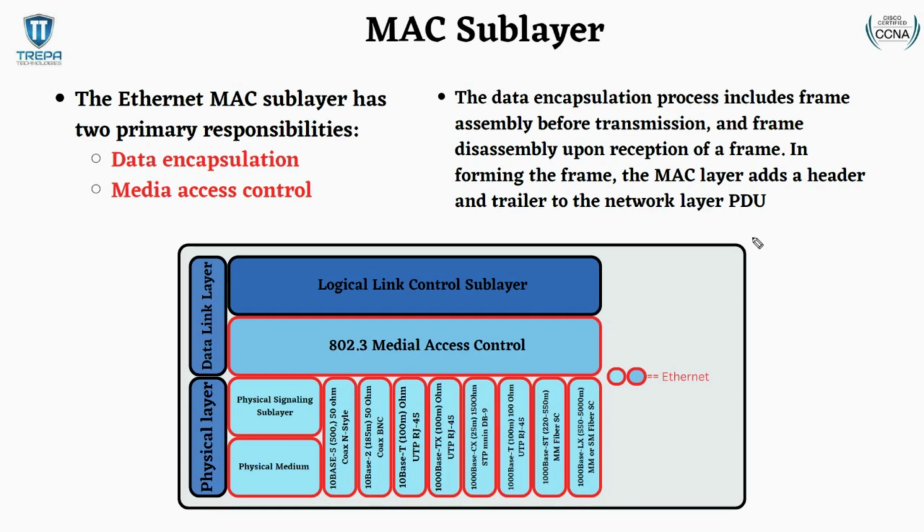The data encapsulation process is going to include frame assembly before transmission and frame disassembly upon reception of a frame. So in forming the actual frame that we're going to send across the wire, we're going to need that MAC sublayer to create our actual frame with the destination and source address.